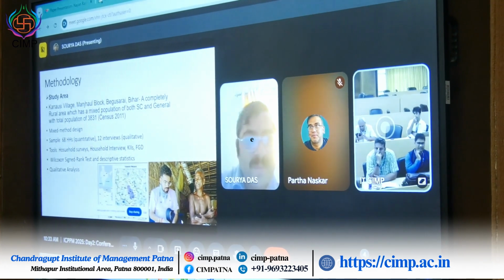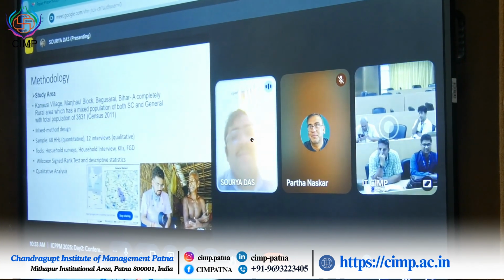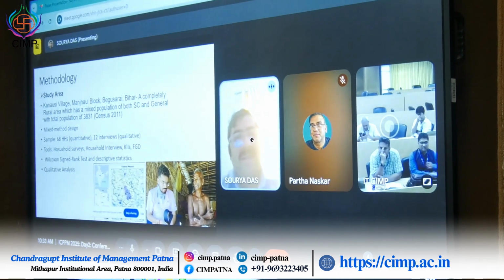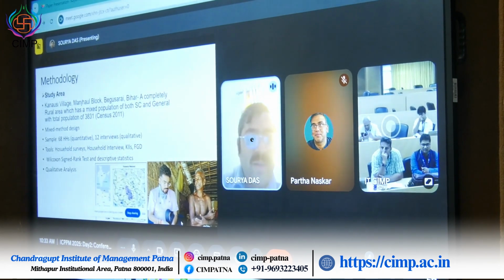So the biggest challenge of doing this type of study around the Kabartal wetland was its size. The number of villages around the wetland is around 30. So we have to be thoughtful about selection of the villages.